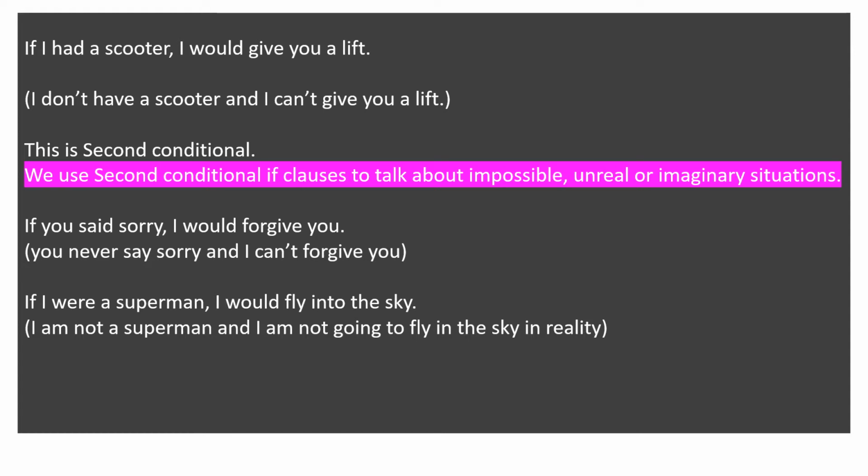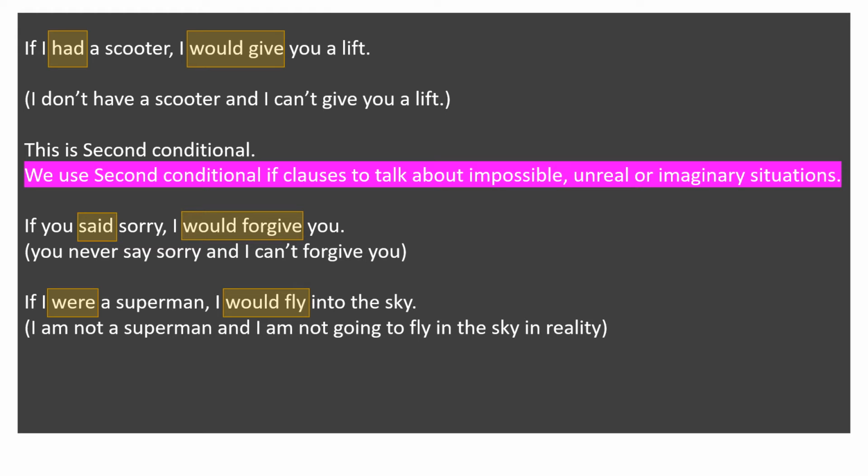So in the first sentence, what is the verb? Two clauses, so two verbs should be there. Like that in all the given sentences, see the verbs. In the first sentence, had, and another one would give. In the second sentence, said, another one would forgive. In the third sentence, were, another one would fly.